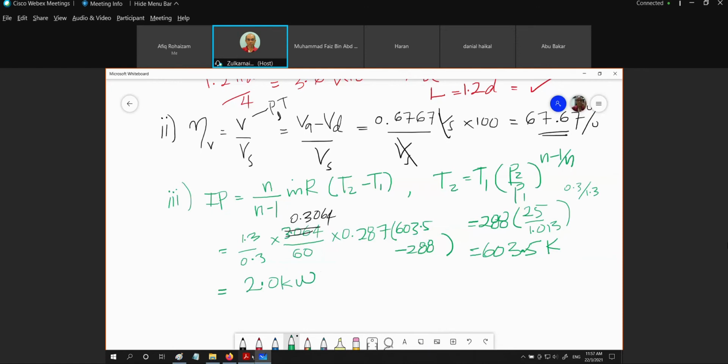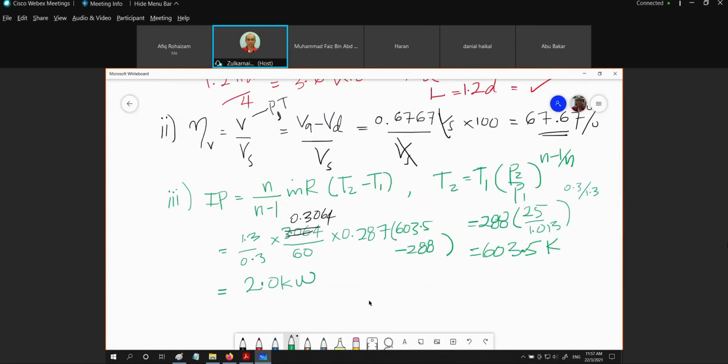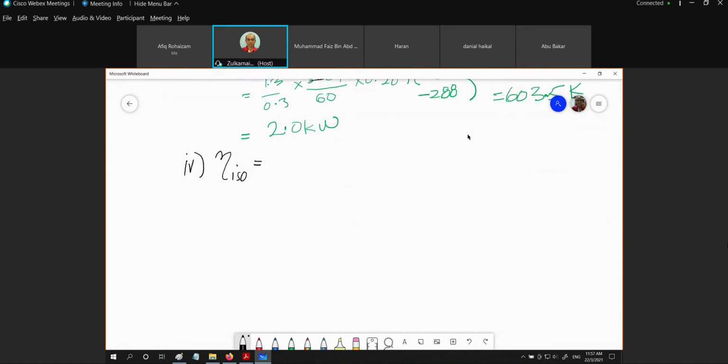Okay, next. Dia tanya kita the isothermal efficiency, which is equal to P iso divided by IP.